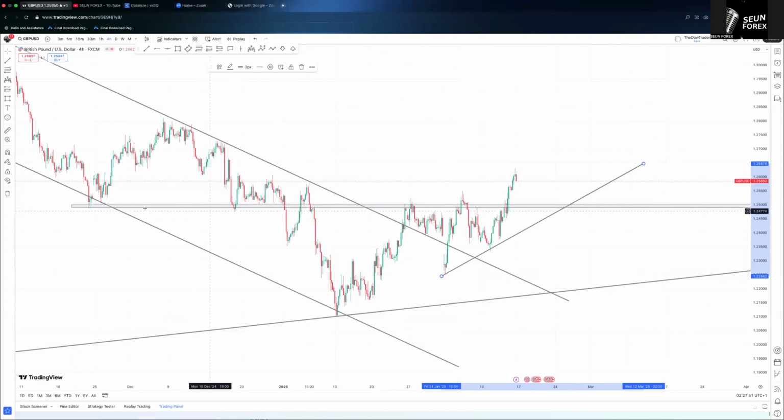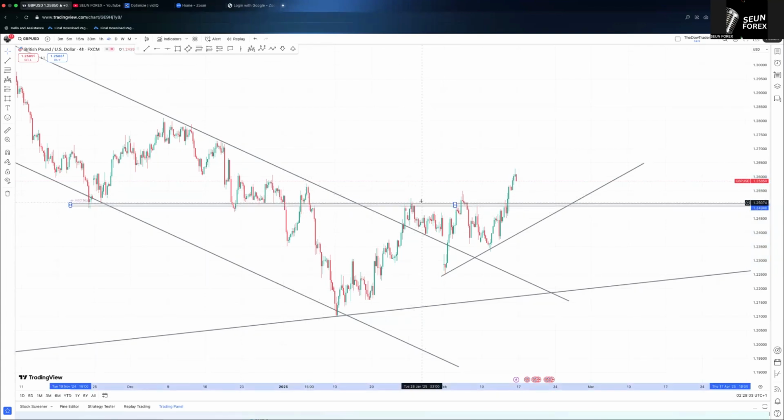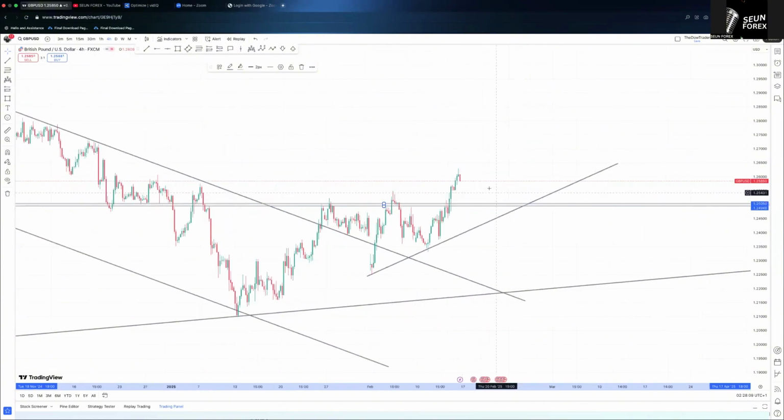And because this neckline was a support here, was a resistance here turned to support, then resistance here, it hold, then resistance here, then market break it, then return back. So anything can happen here also.